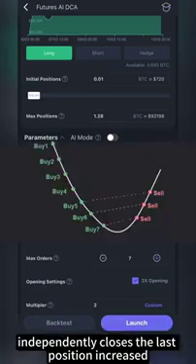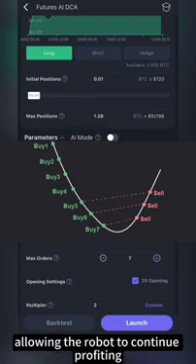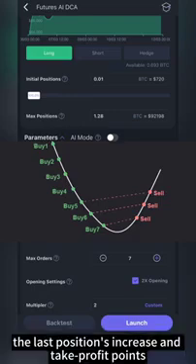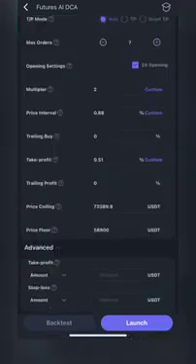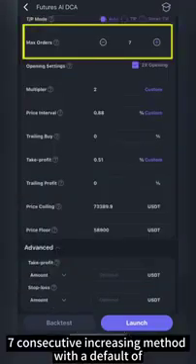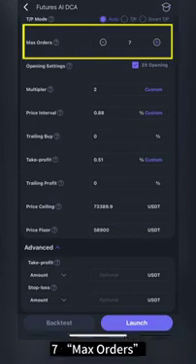Smart TP independently closes the last position increased, allowing the robot to continue profiting while the market oscillates between the last position's increase and take profit points. The auto mode switches from TP to Smart TP after the 4th position. It adopts the 7 consecutive increasing method with a default of 7 max orders.